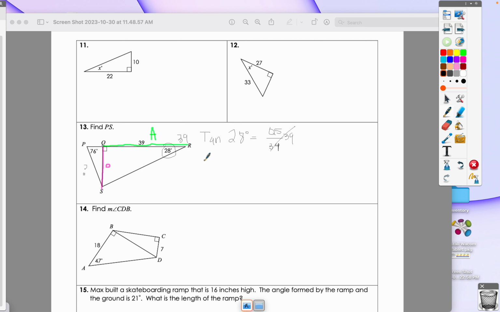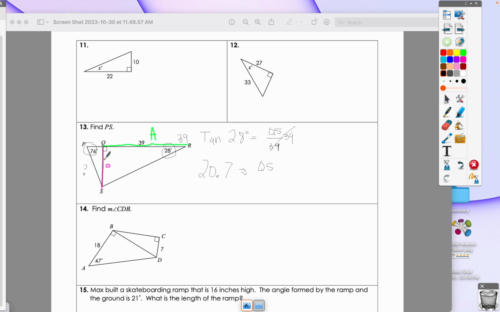This is just what QS is. And again, bridging the gap, the segment QS is about 20.7. I got actually 20.73 for QS, but to save time, 20.7. Again, just bridging the gap. Okay, now that I've done that, 76 is my new theta.